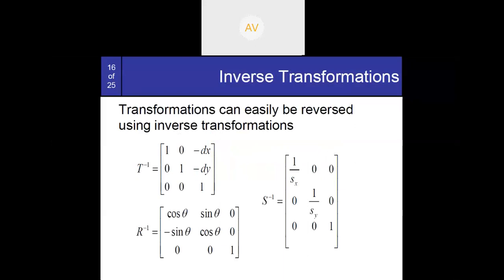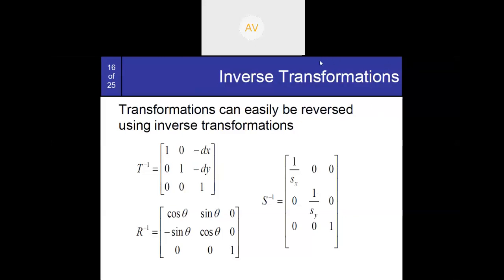Okay, so this is inverse transformation. Inverse transformation means once we have moved the object from the first position to the second position by translation, then again we have to move it back to its original position, that is, in the reverse direction.